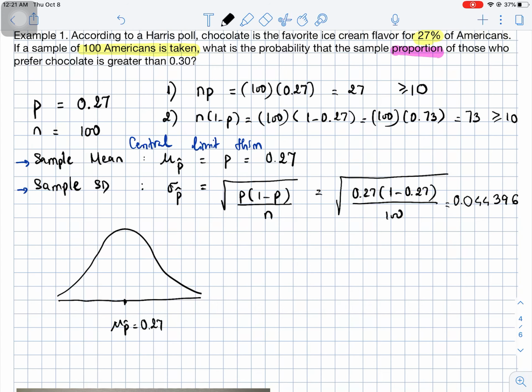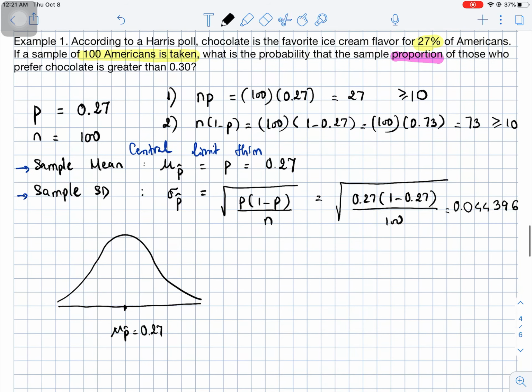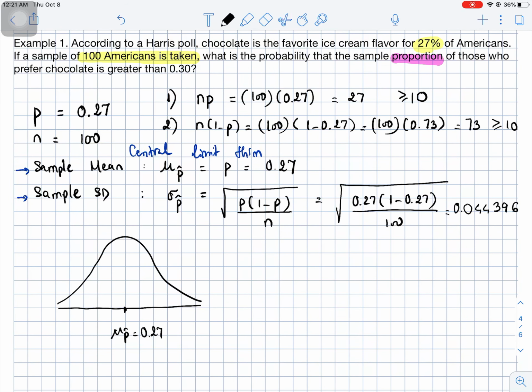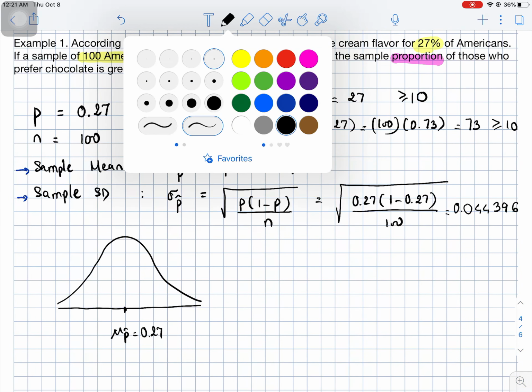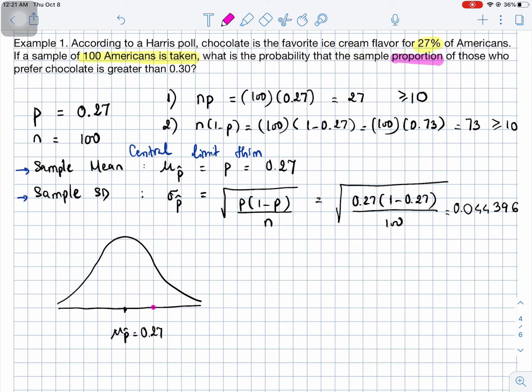The proportion 0.27 is the mean proportion, so p or mu of p hat is right here, 0.27. The question asks us about 0.30, and the location of 0.30 is on the right side of 0.27. We will draw the line, and because the problem says greater than, we will shade on the right side.